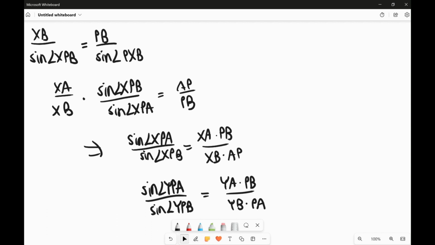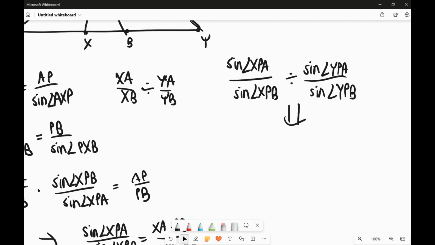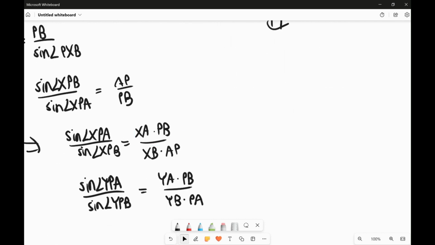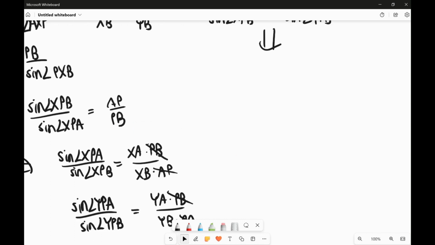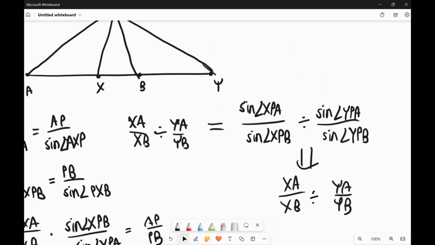If we divide one by the other, we get the desired sine quantity. Well, we have the PBs cancel out and the APs cancel out, so we indeed get what we want: XA over XB divided by YA over YB. So therefore, we prove that these quantities are equal.